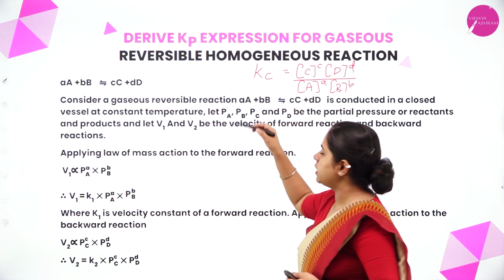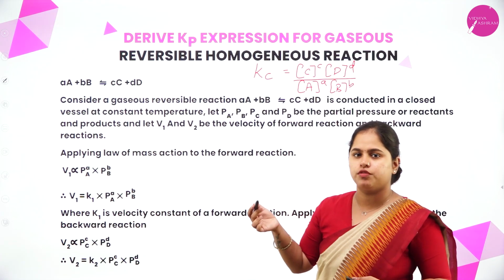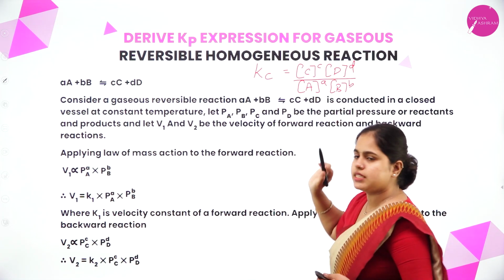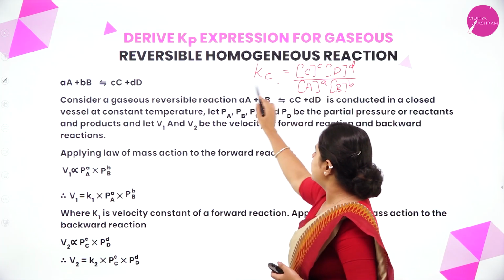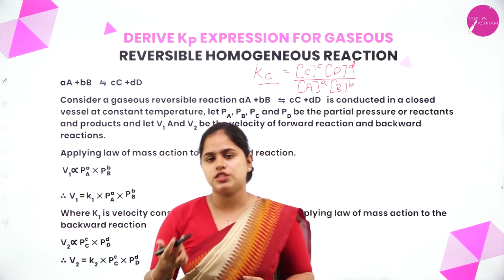So concentration of C raised to the power c, which is the stoichiometric coefficient of that, [D] to the power d, same way divided by [A] to the power a into [B] to the power b. This is called the equilibrium constant in terms of concentration.